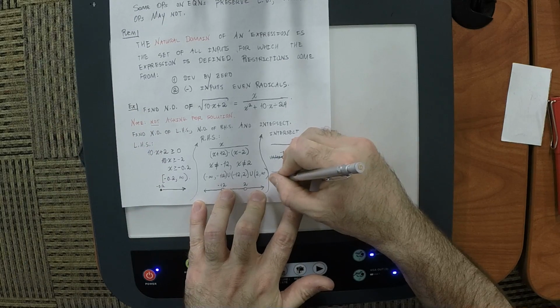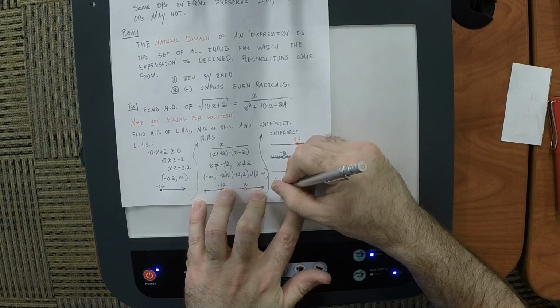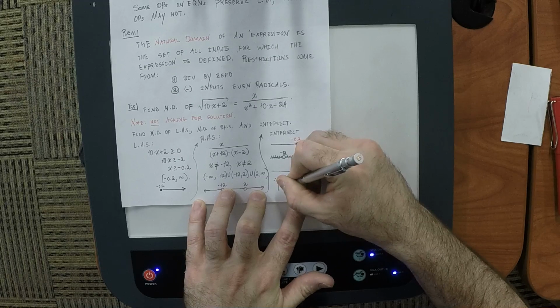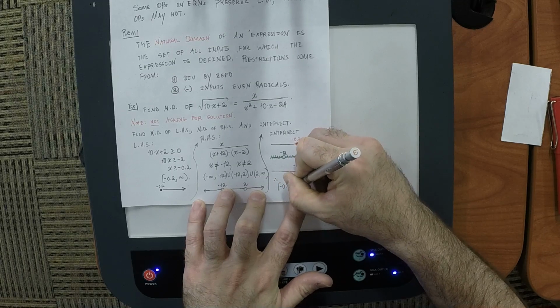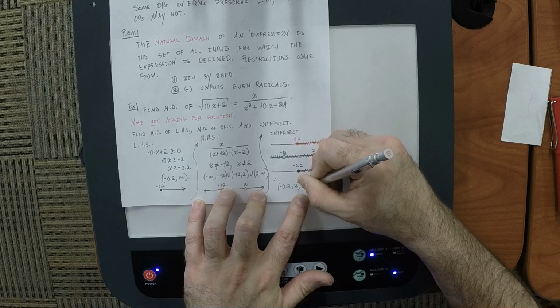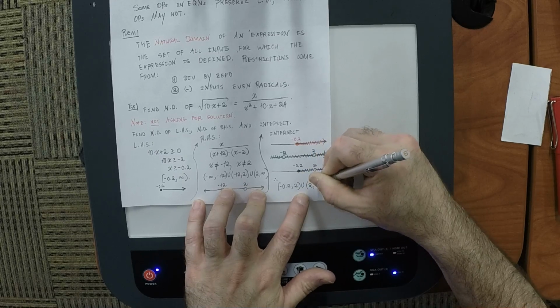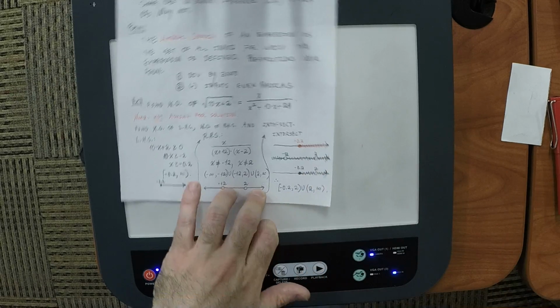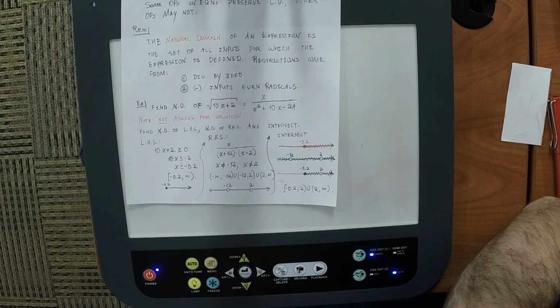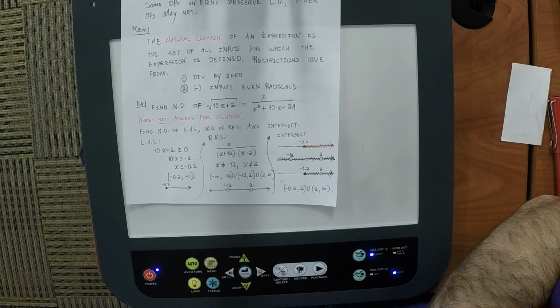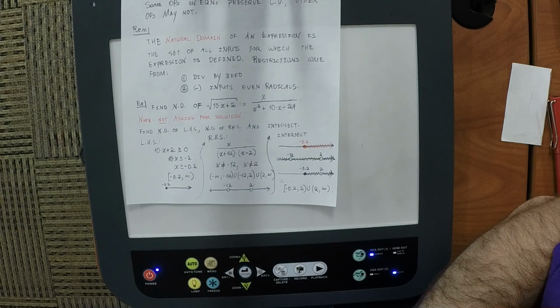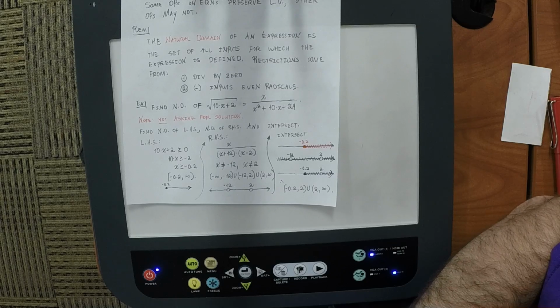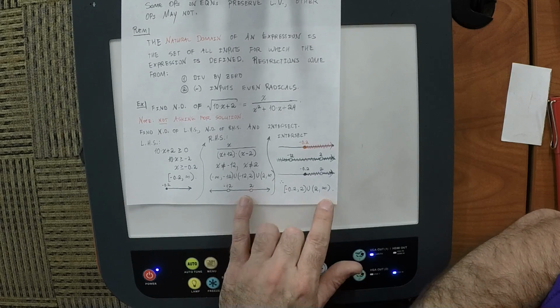So in interval notation, supposing I asked for that, it would be negative 0.2 to 2, union 2 to infinity. And it's not intersect because it could be either value between the negative 0.2 and 2, or it could be something between 2 and infinity.